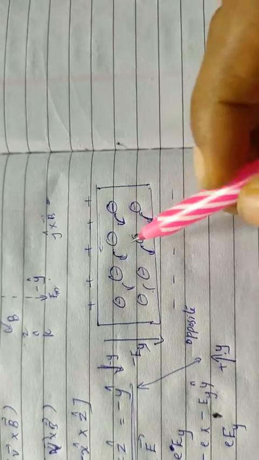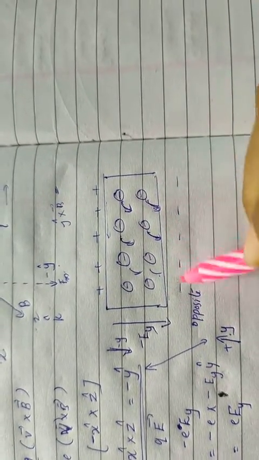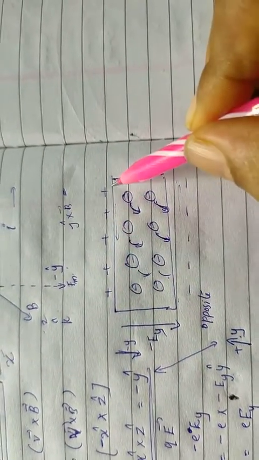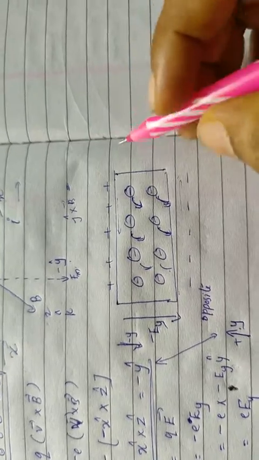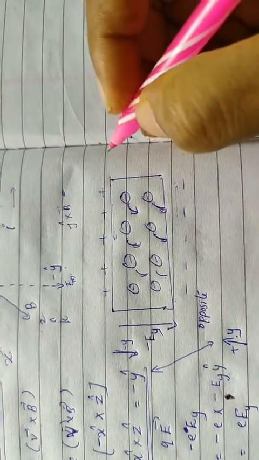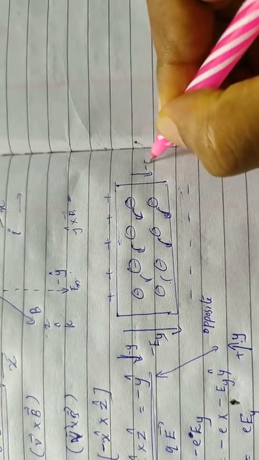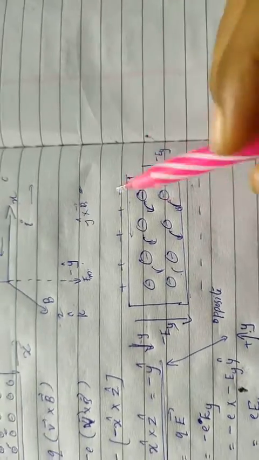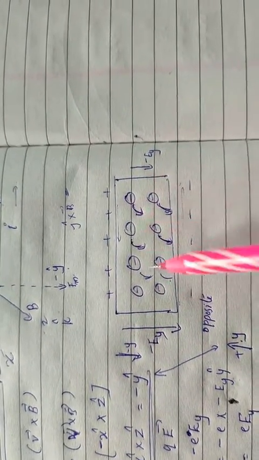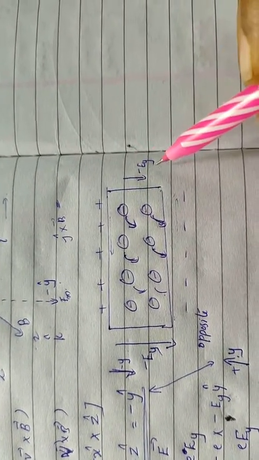A large amount of electrons will accumulate on the bottom side, so that a positive charge will be developed on the upper side. That means an electric field is developed along the minus y direction. So due to the magnetic Lorentz force experienced by the electrons, an electric field is developed in the minus y direction.